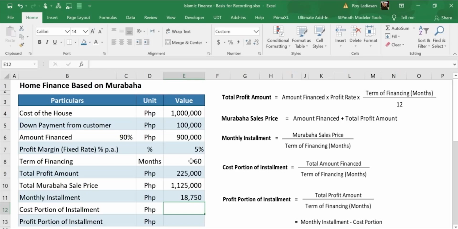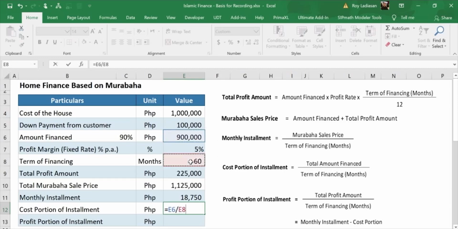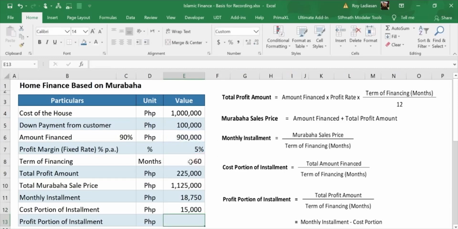To calculate the cost portion of the installment, the formula, as we can see here, is the total amount financed over the number of months or the term of financing, in which case the cost portion of installment is 15,000 pesos.